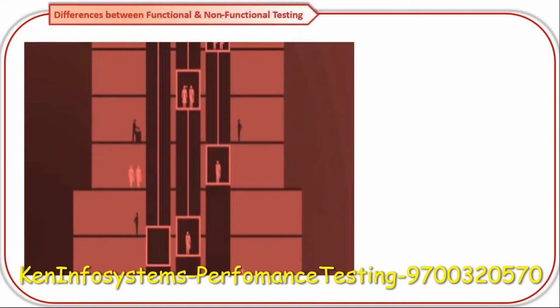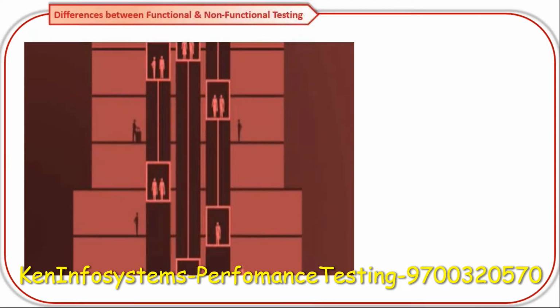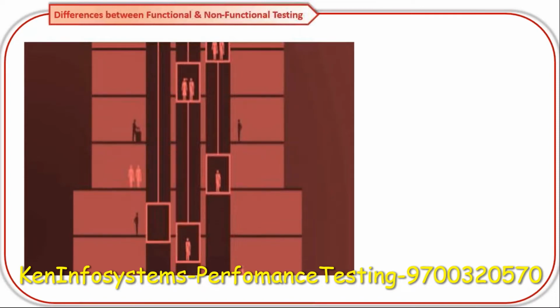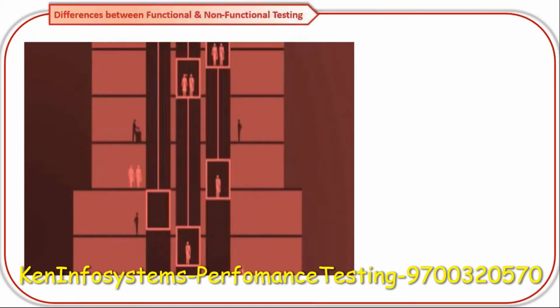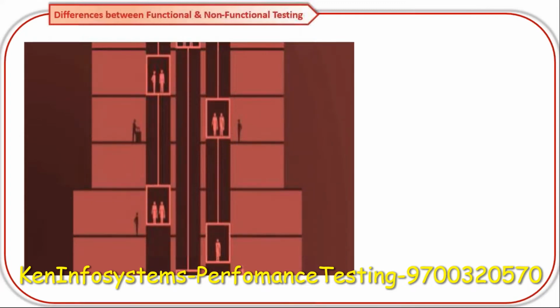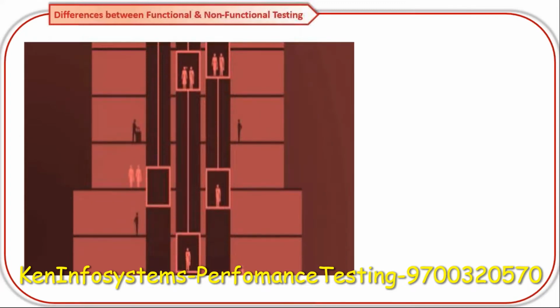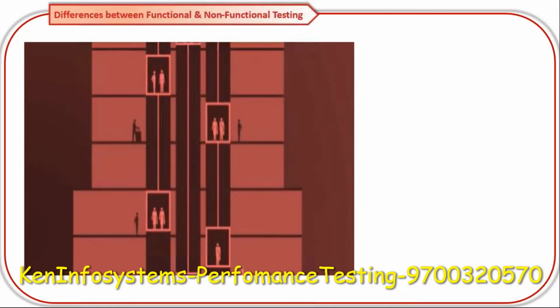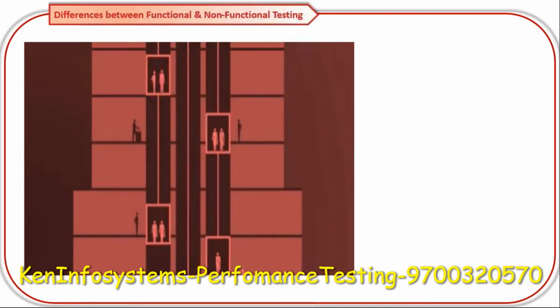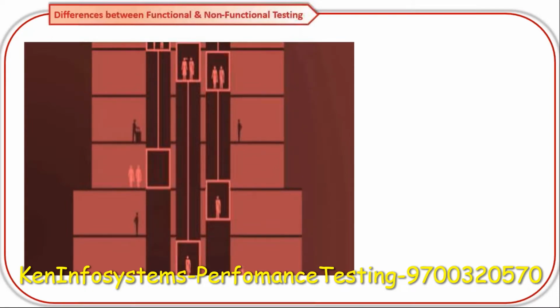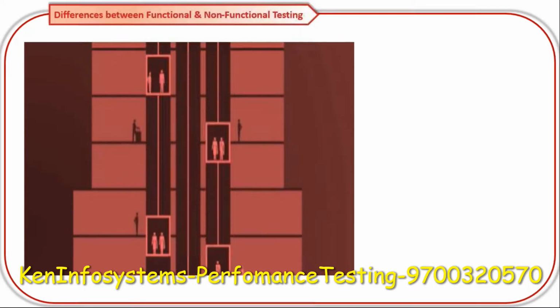After that he will press the 20th floor button and measure how much time it takes to go to the 20th floor. After that, he will bring some 10 people into the lift and again press floor number 2, to see how much time it takes to go to the second floor.